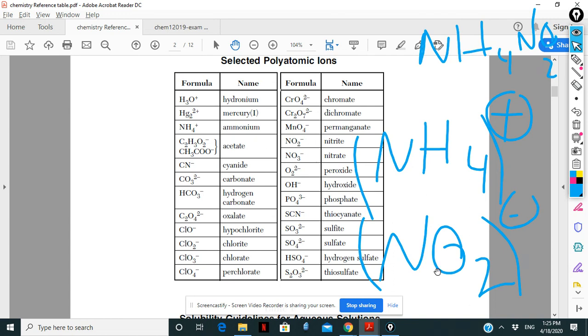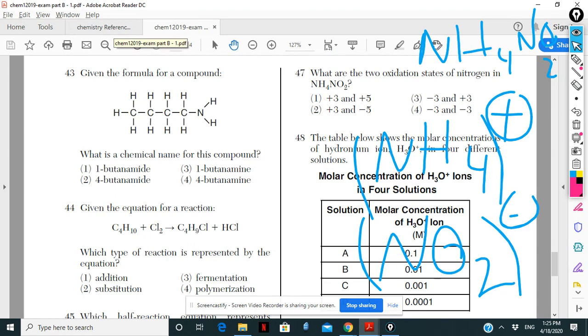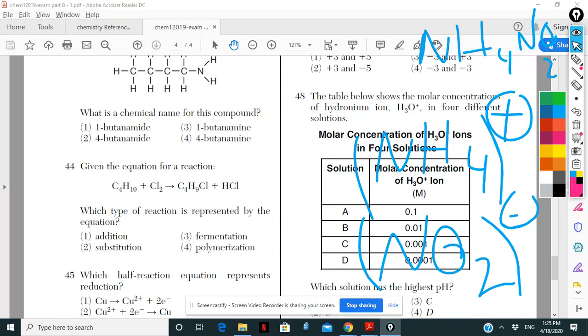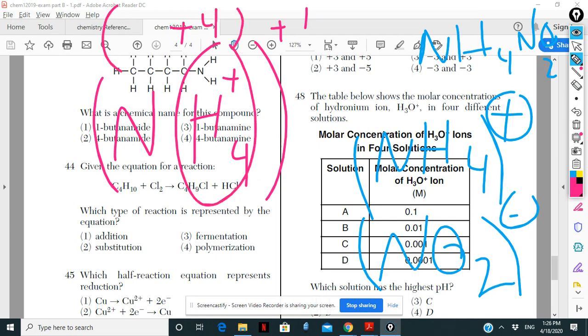Now, according to the rule, hydrogen is positive one, but I have 4, so that's positive 4 for the hydrogens. Here is the nitrogen. What plus positive 4 gives me positive 1?